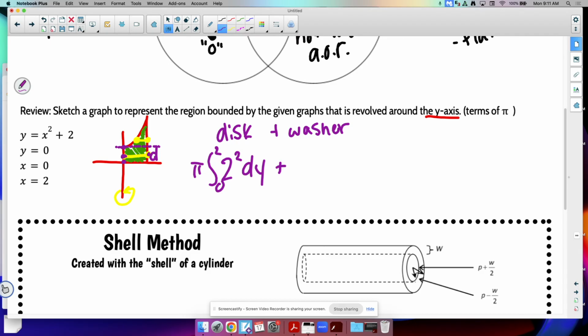Plus, now we have to do the washer portion. So now we're looking at the top half of it. Still is a pi. It's kind of like it's just its own problem now. Since we're going side to side, instead of thinking of this as y equals x squared plus 2, we need to solve it for x.